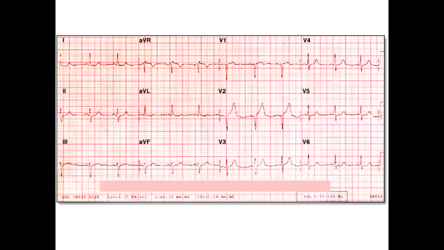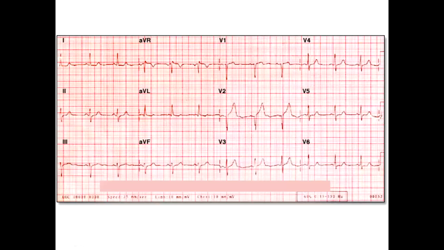I'm going to look at AVL, and we've got a strange looking QRS complex there. But it looks like our T wave is inverted, which can also indicate ischemia. I'm going to look at V5, and V5 looks okay. V6 looks like there might be about 1 small box of ST segment depression. That's the lateral wall. So maybe we've got a lateral ischemic pattern.